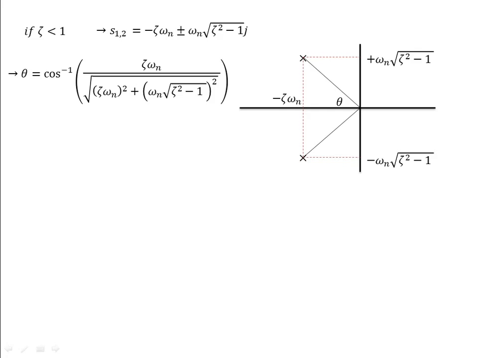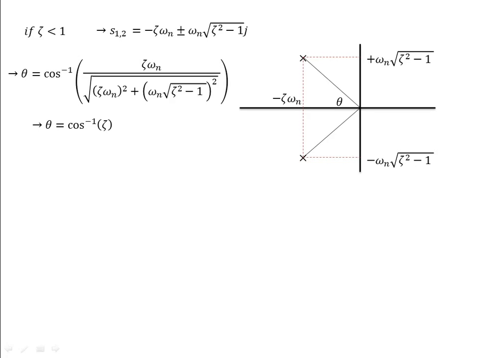If we simplify this denominator further, we get theta equal to cosine inverse of zeta. So from this relation, you clearly see that the angle of the poles is directly related to the damping ratio, and the length of the poles is related to omega n.